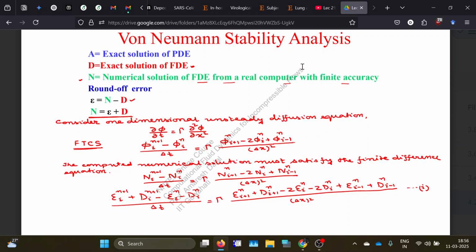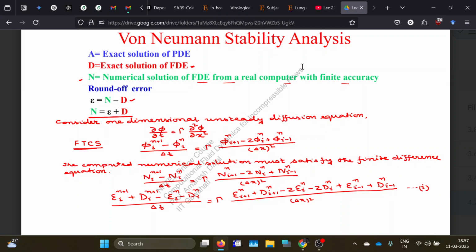If we can calculate infinite digits, then we get the exact solution. And then we first truncate, so we get d. Then we round off, so we get n, and this round-off solution we call the numerical solution. Exactly.